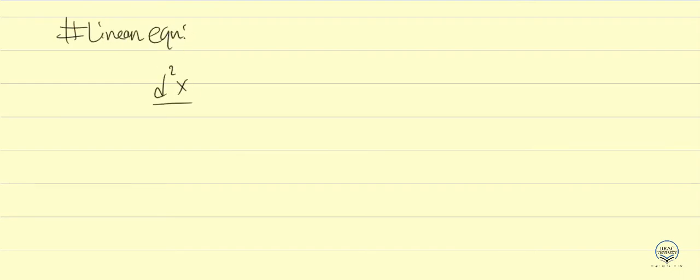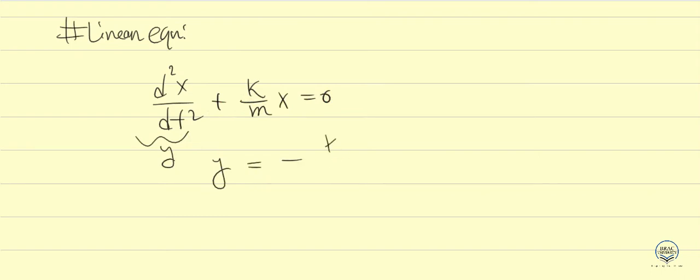So again, take the example of the harmonic oscillator. This is a linear equation. That means if you make a plot of this equation, it gives a straight line. If you have x over here and y over here, you get a straight line.